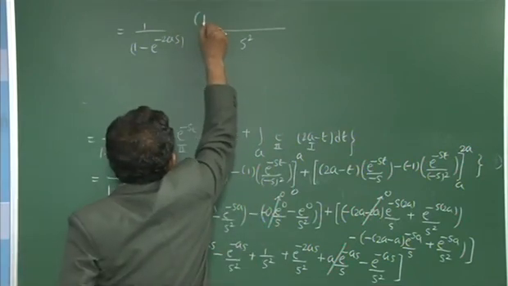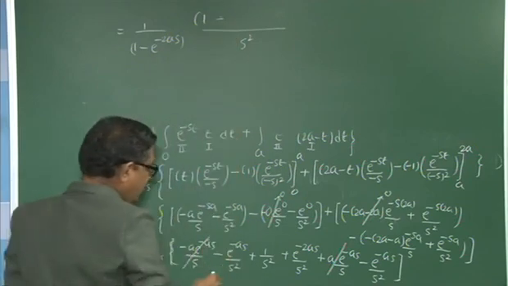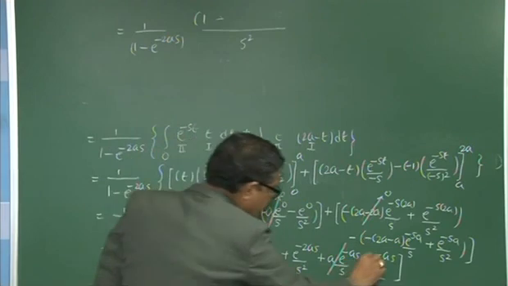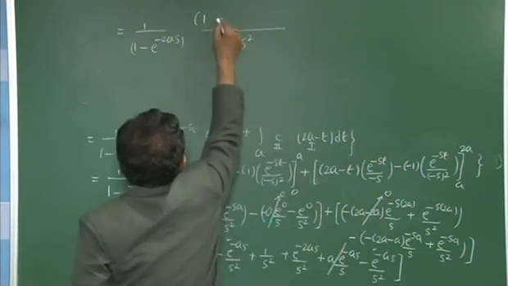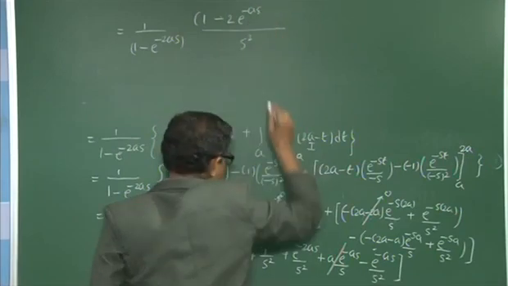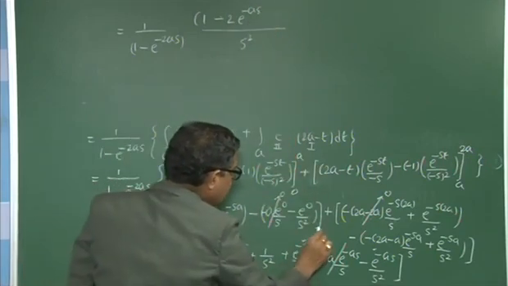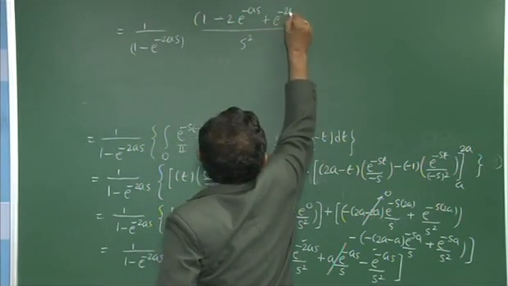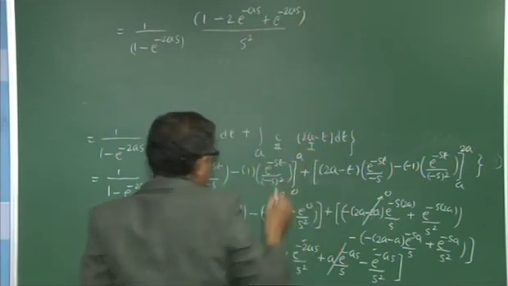You can write 1 minus sign e raised to minus as. Here also e raised to minus as. Therefore, it is 2 times e raised to minus as. Then we left this one plus e raised to minus 2as.